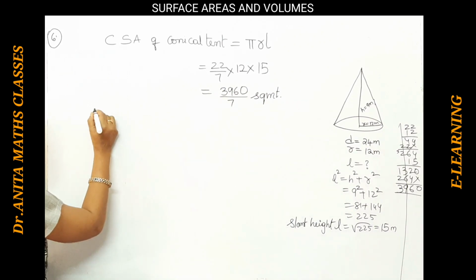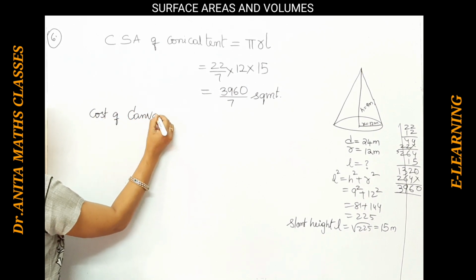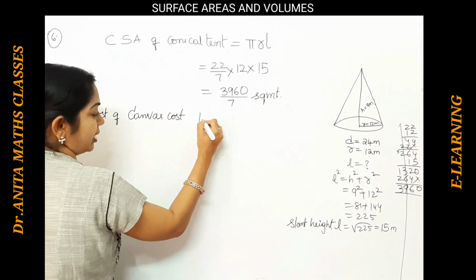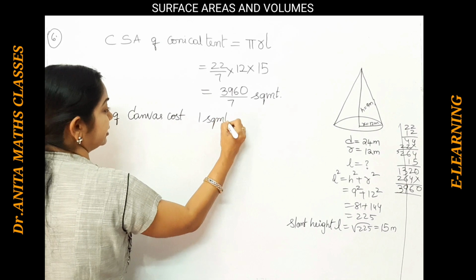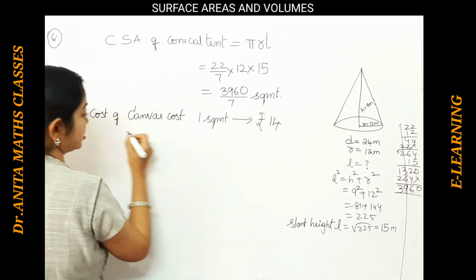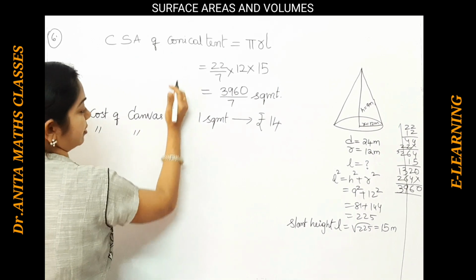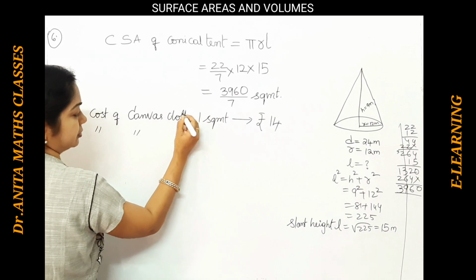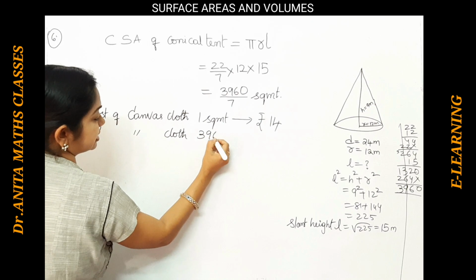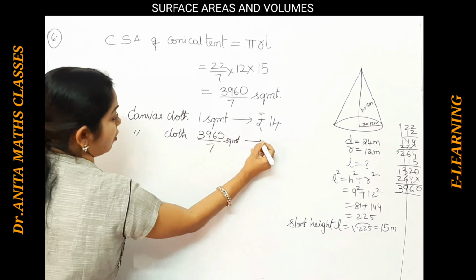Now the cost of canvas cloth per square meter is 14 rupees, given. And the cost of canvas cloth for this much, 3960 divided by 7 square meters, is how much?